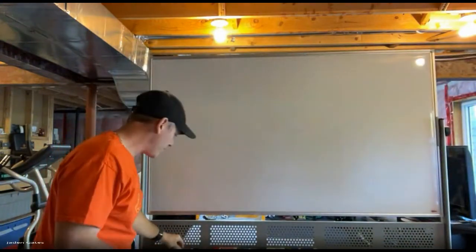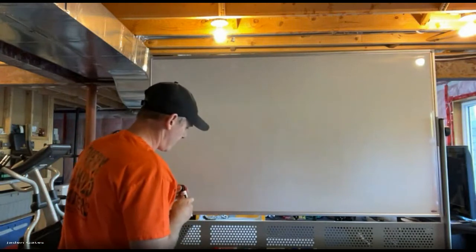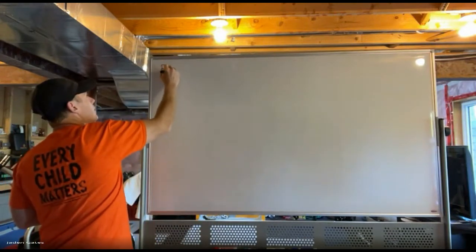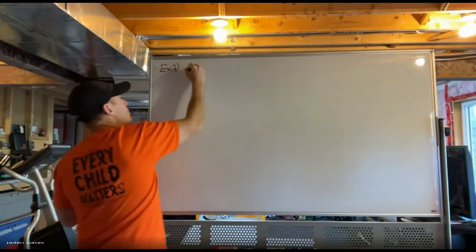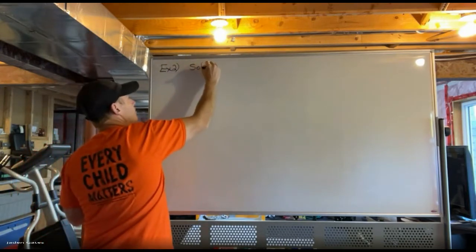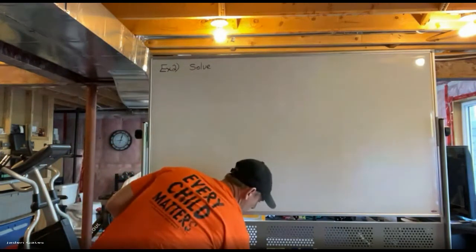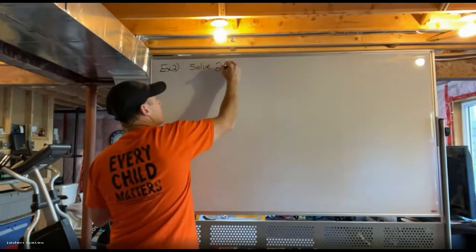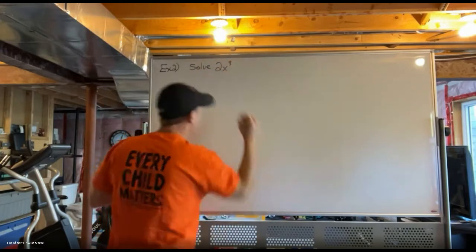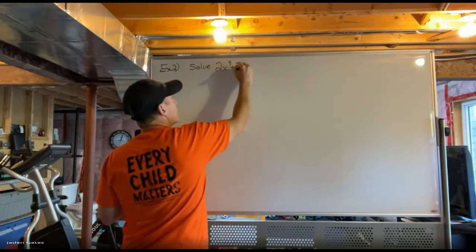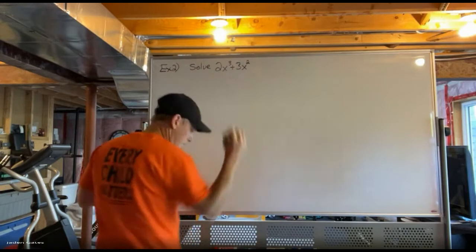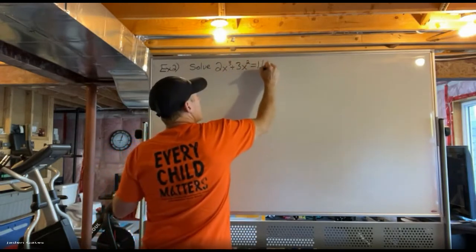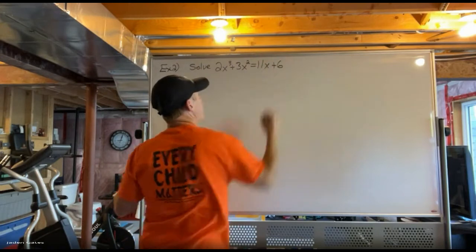All right, so example 2. Example 2 says solve. And my polynomial here is 2x cubed plus 3x squared equals 11x plus 6.